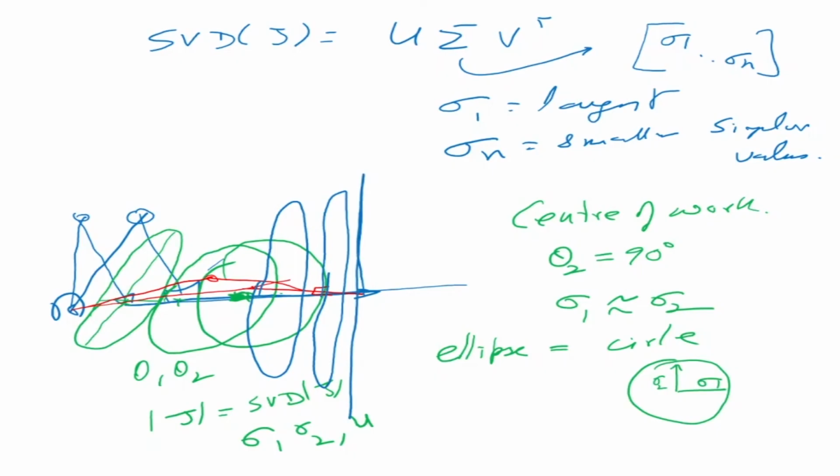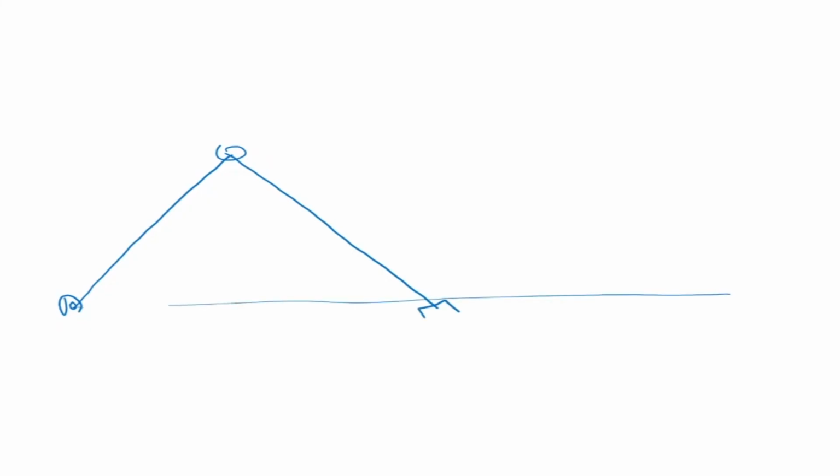This is something very interesting to note. If I draw it on a larger scale, then this is my ellipse, this is my manipulator. When it is fully stretched, it is somewhere here, a fully stretched manipulator like this.